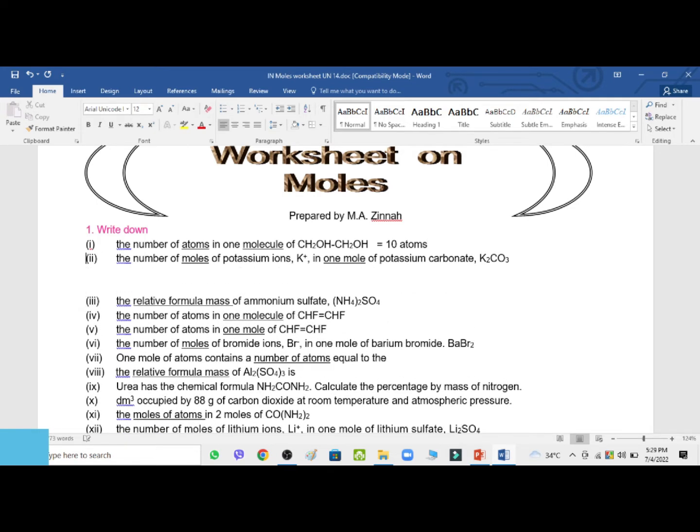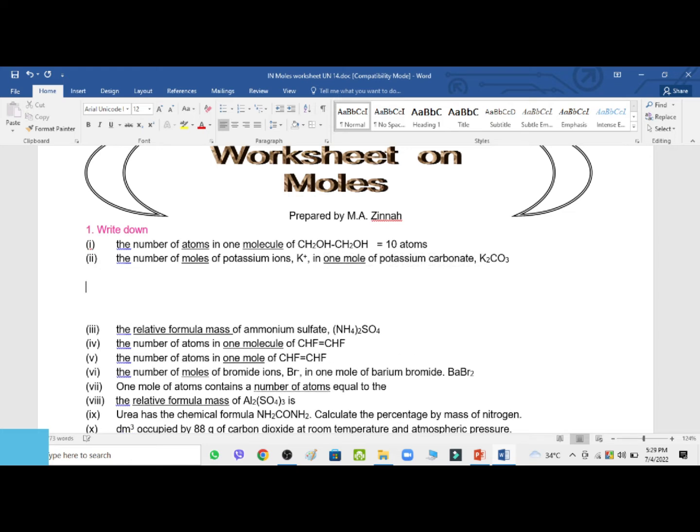The next question: the number of moles of potassium ions. This is important here, moles. The previous one was not mole, it was the number of atoms. Here is the number of moles of potassium ion, K+, in 1 mole of potassium carbonate.